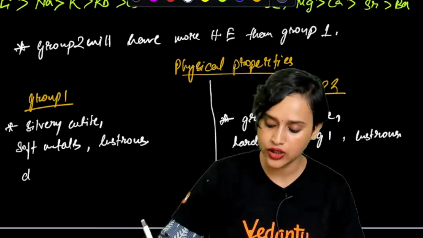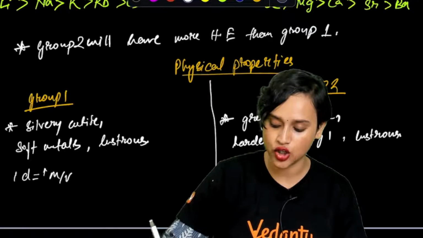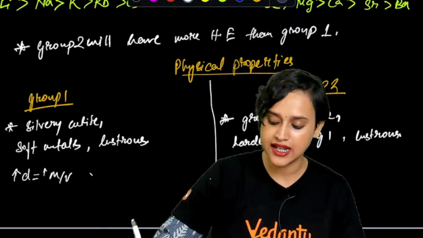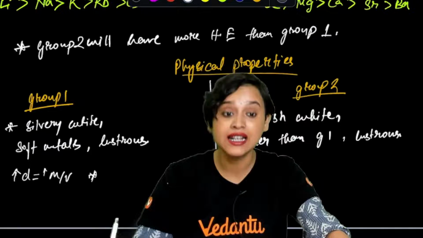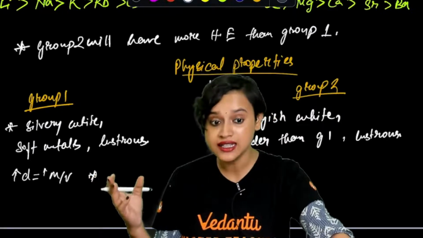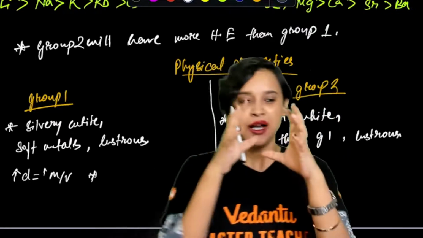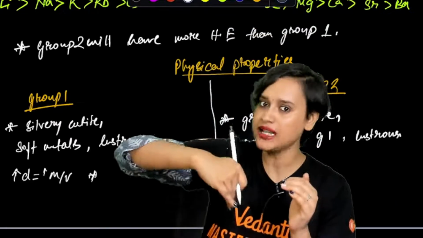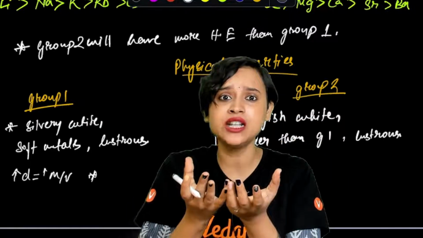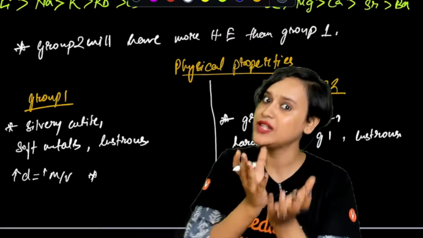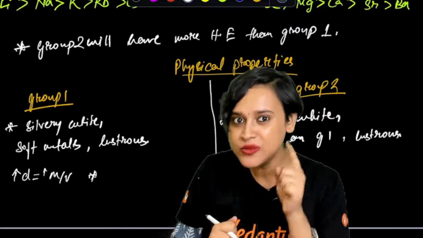What is the formula? Density is equal to mass by volume. So, mass increases, density also increases, isn't it? So what happens to the density in this case? The alkali metals are really huge in size, isn't it? Now you have to understand that mass increases down the group, no doubt about it. But also, they are the largest in their respective period. Such a large size means volume is high.